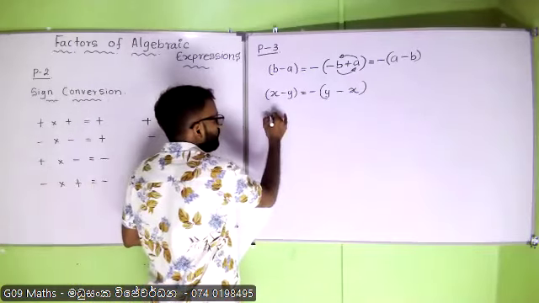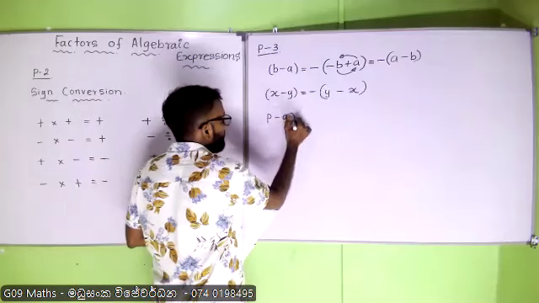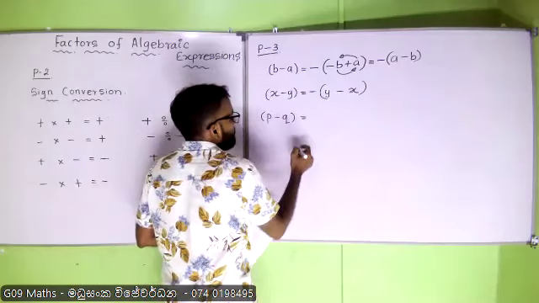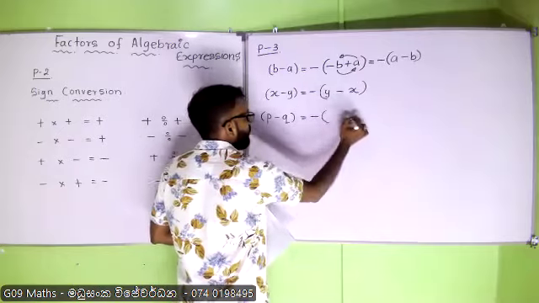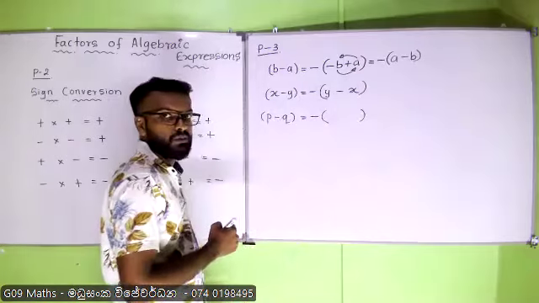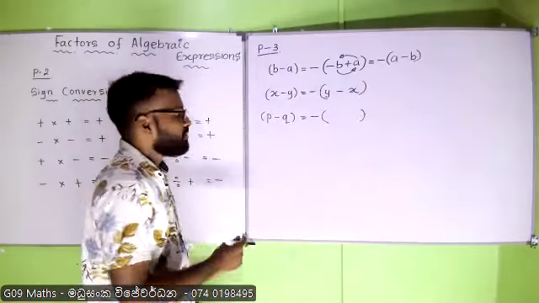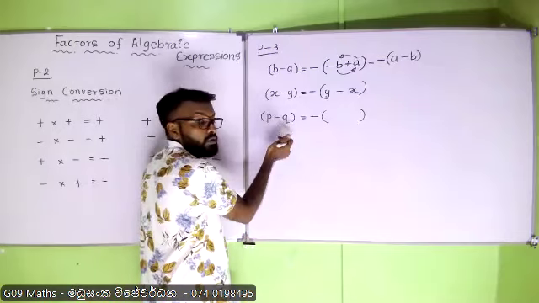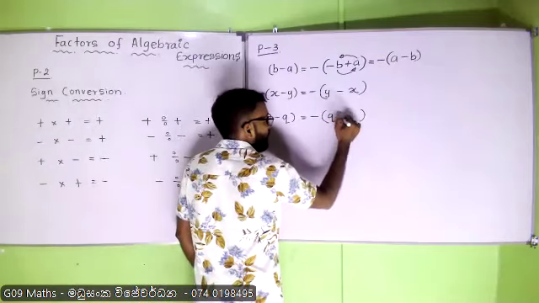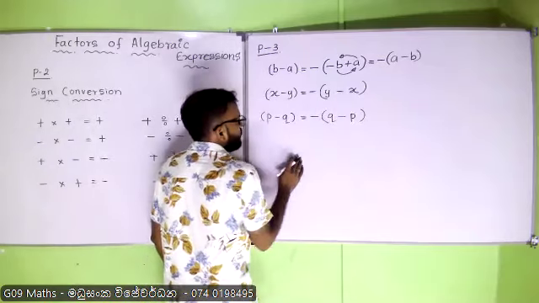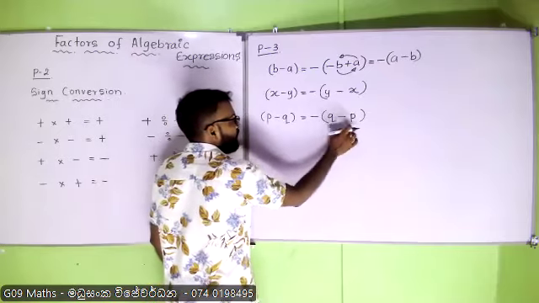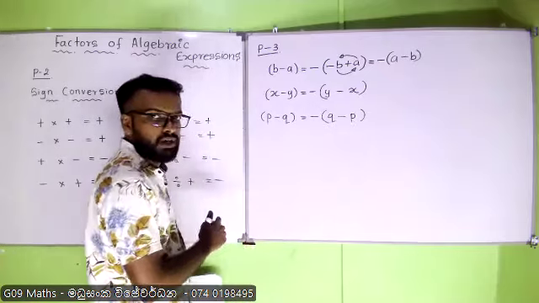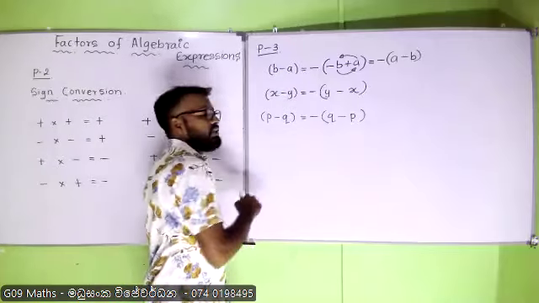P minus Q. Take the negative sign out. What is inside the bracket? Opposite, Q minus P. P minus Q becomes Q minus P. Correct? But the negative sign is there.